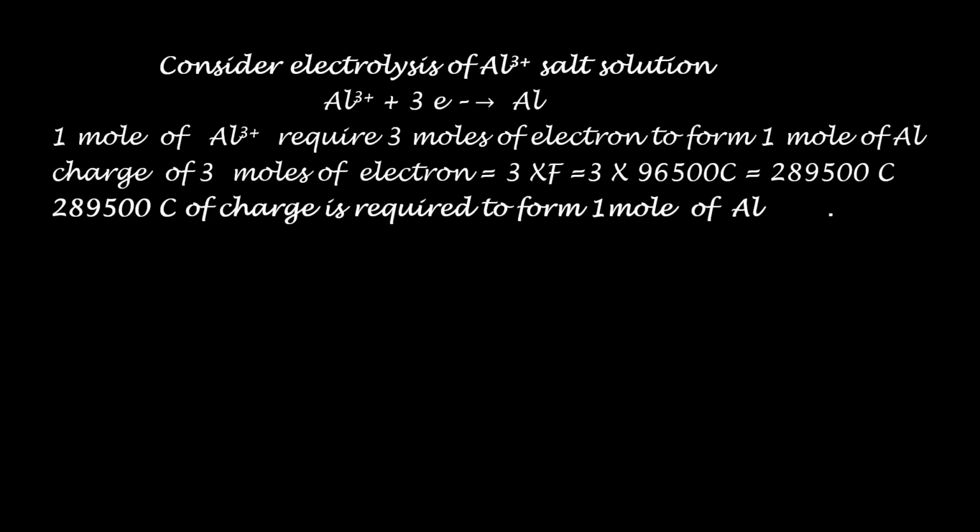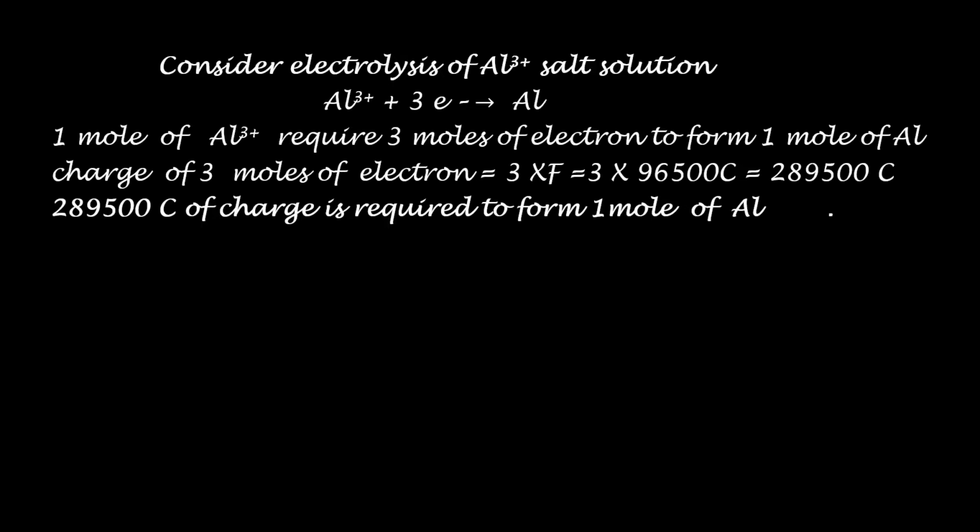If you multiply this with 3, you will get 2,89,500 coulombs. So 2,89,500 coulombs of charge is required to form 1 mole of aluminum at the cathode.